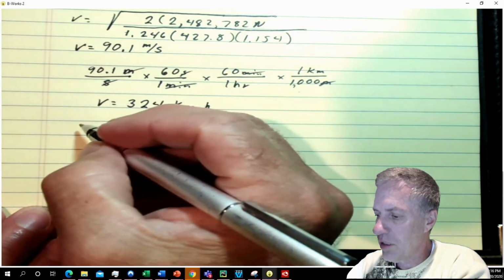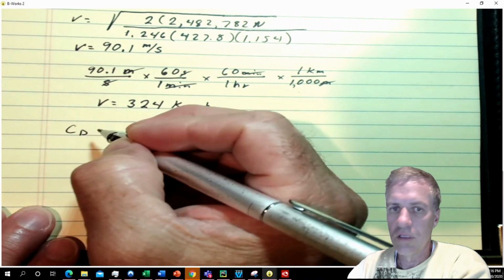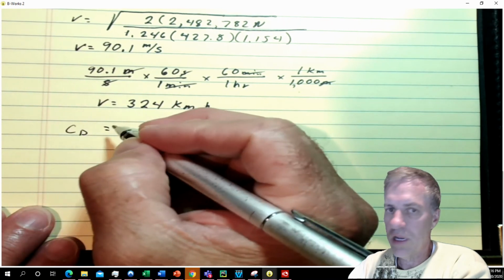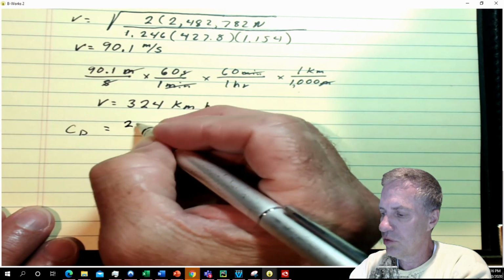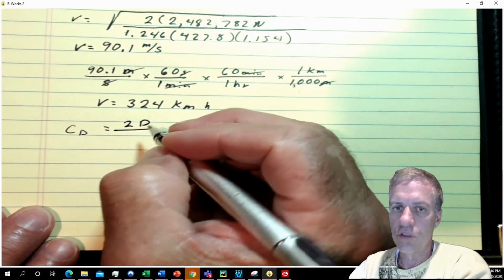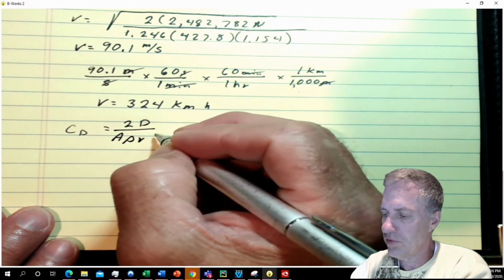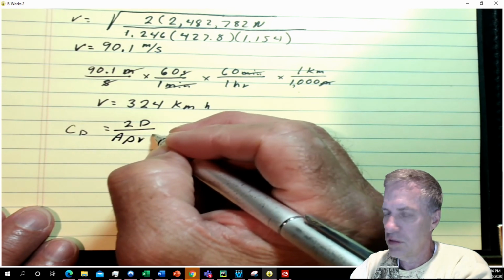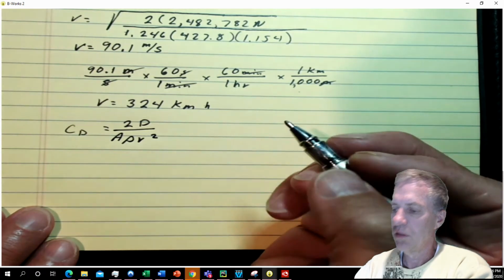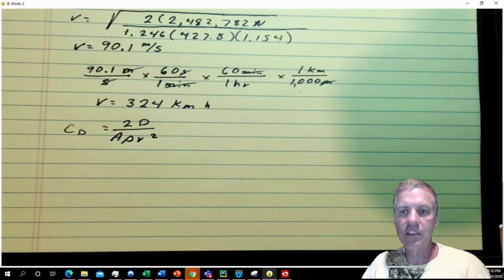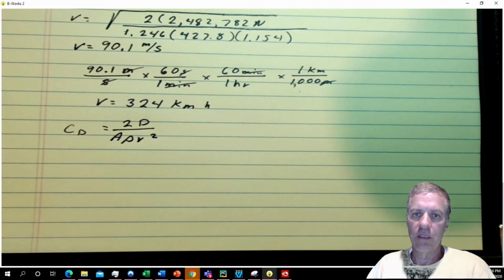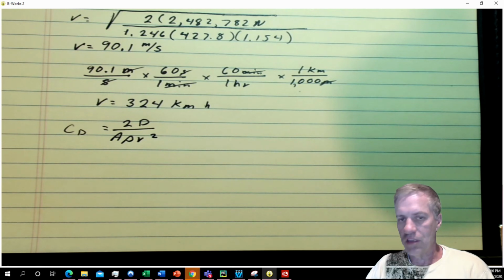All right, so we're going to calculate the coefficient of drag, which is 2D over A rho v squared. All right, so now this time we need to get the D by itself. We need to get the drag by itself.